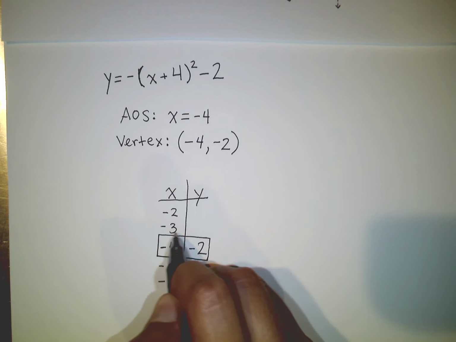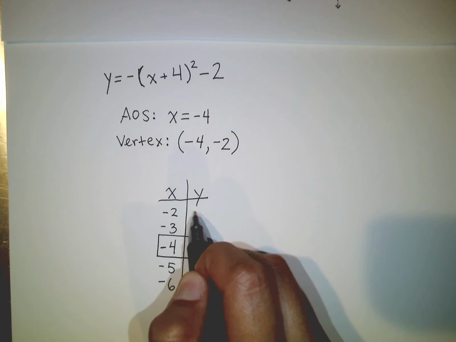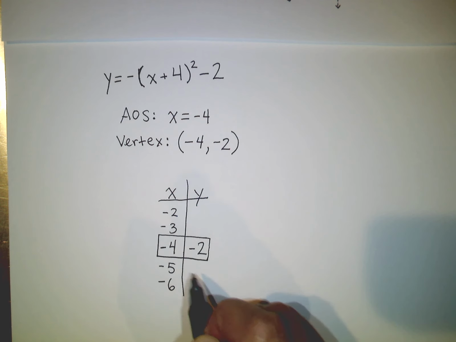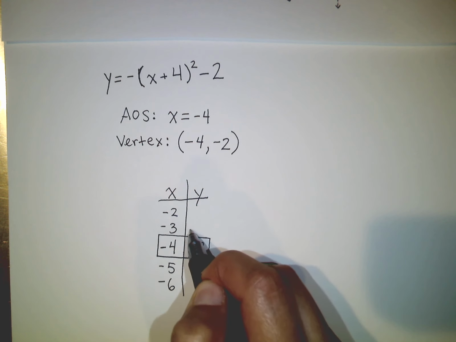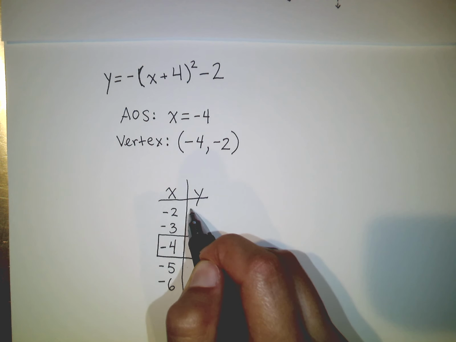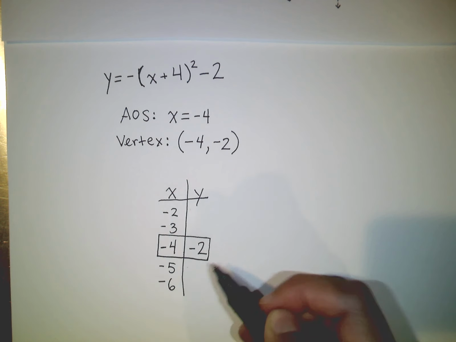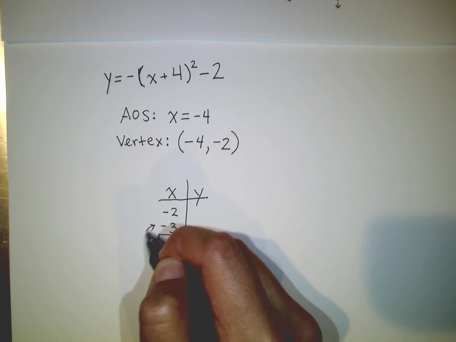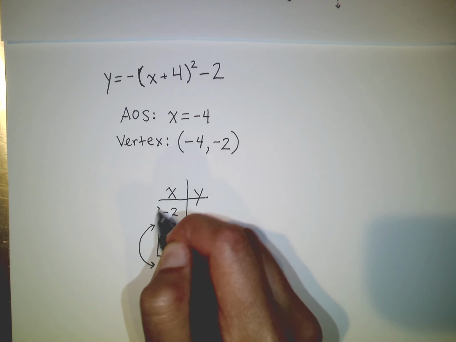And now whatever y value I get for these top two is going to be repeated down here. So this y value is going to be the same here, and the y value for this one's going to be the same here. Okay, because these are going to be our symmetrical points.